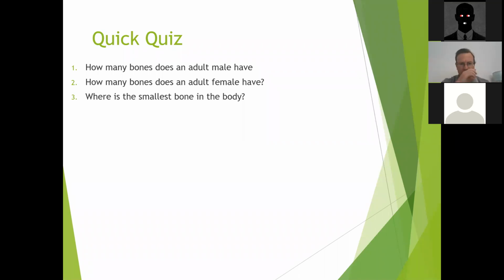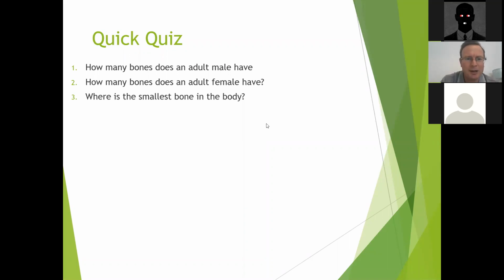Anyone? Yeah, well done, Caden. In the ear. We've got a little muscle, I think it's called stapedius, which almost hits on your eardrum. So smaller than a grain of sand. No, smaller than a grain of rice. So very, very small, but imagine it still has muscles attached to it. Amazing sort of delicacy.